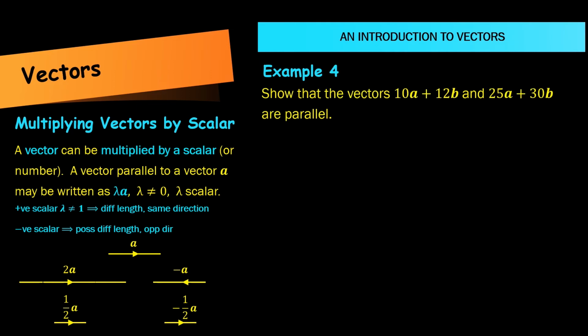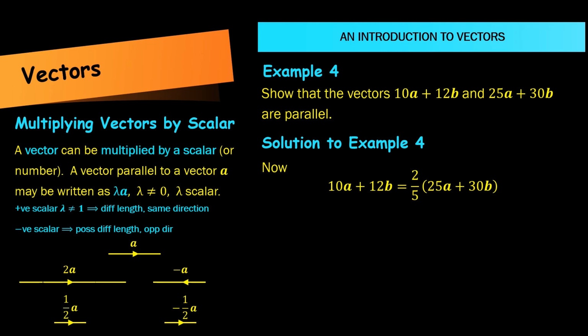And now for example 4. Pause the video and have a go. Press play when you're ready to view the solution. So let's solve this. We are required to show that the vectors 10a plus 12b and 25a plus 30b are parallel.